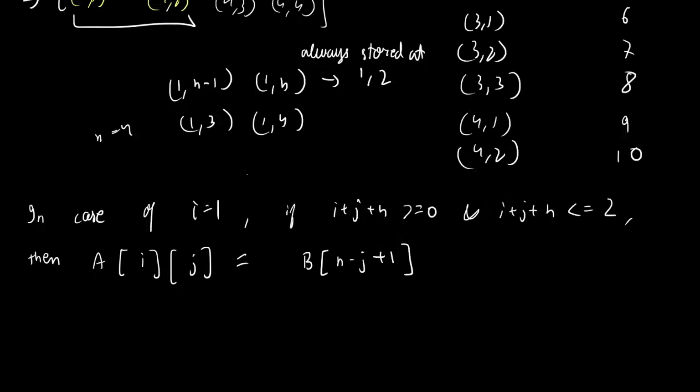Is this correct? So in case a13 equals b, this should be equal to 0. B, now this will be minus 1. 4 minus 3 minus 1.